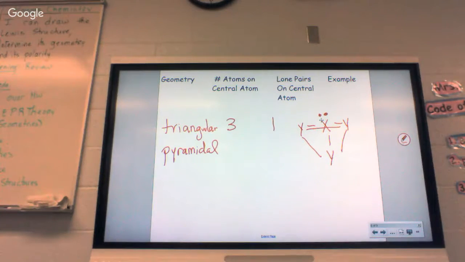So if you misspell everything, you can still get credit for the Lewis structure in your question. If you don't know how to spell, you do the first 3 letters and then just have a squiggle and hope. I don't give you credit for that.